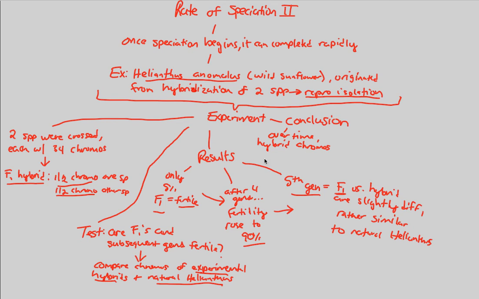Over time, hybrid chromosomes became more similar to natural, i.e., these chromosomes started becoming more and more fertile, more and more viable, more and more successful and able to promote fertility. And because we have this promotion of fertility, we're going to have a new species.